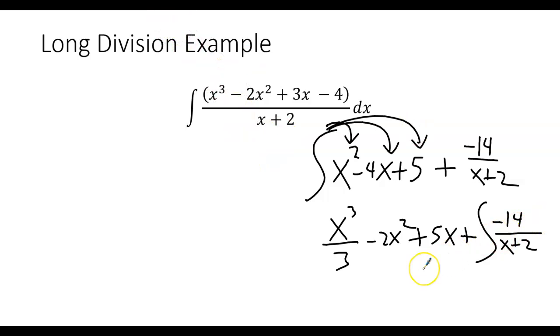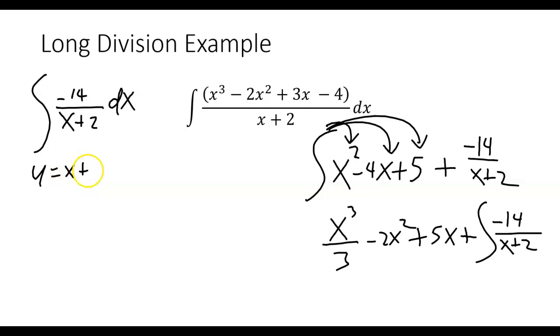The long way to do it is by doing U substitution. So I'm going to show it off here on the side. Now, in this case, the U will be the denominator. So du over dx would be 1, which means that du equals dx.